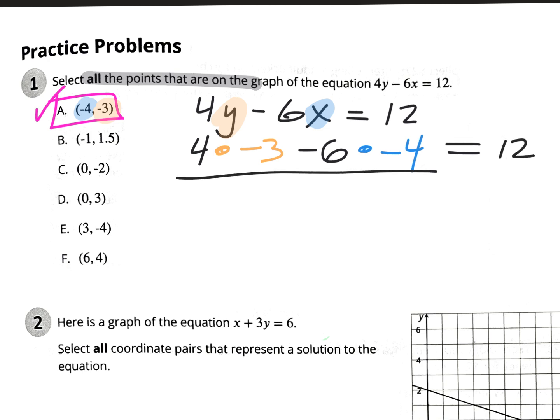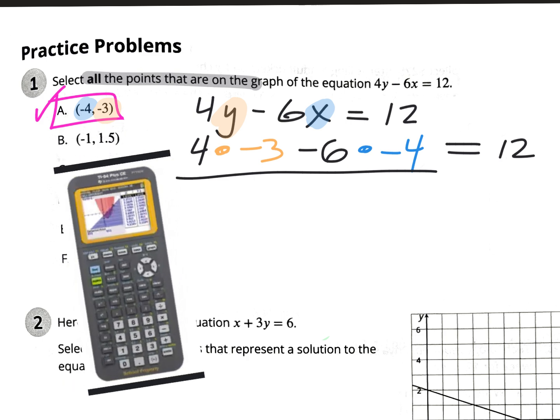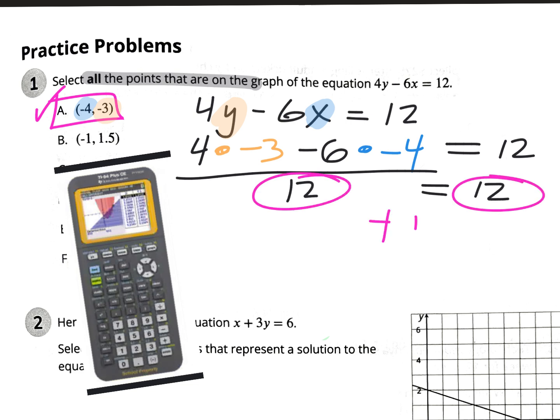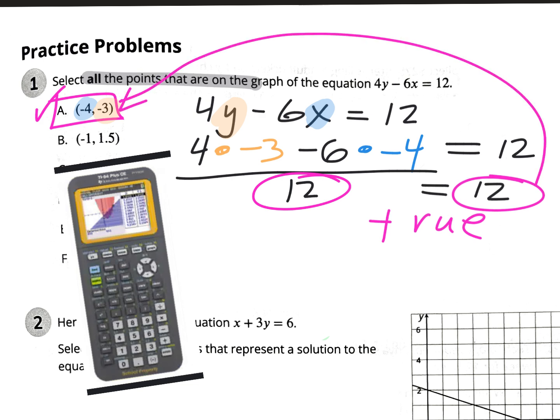And if you put all of this into your calculator, then you will get 12 for this side of the equation. And because 12 is equal to 12, this is a true equation. That is another reason that this is one of the points on the line.